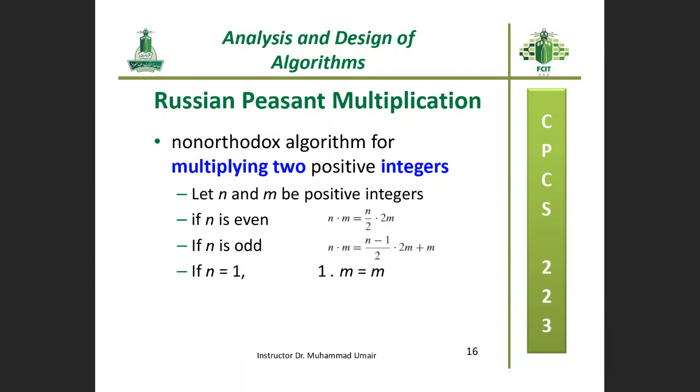And this is the base case: if n equals 1, then the result will be m. So as you keep on reducing n, one time will come when n becomes 1, and definitely you will get the result m. So it can be solved in a recursive way. Any doubt about this technique? Any question?